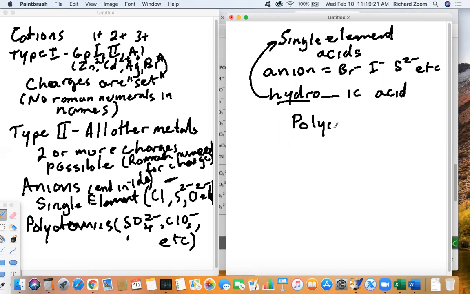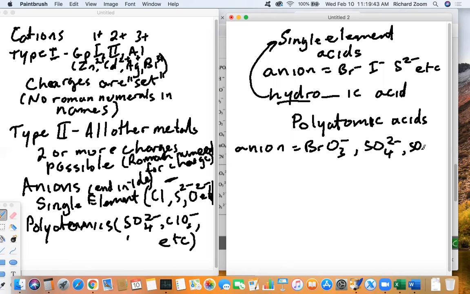And we look at polyatomic acids, where the anion might be BrO3 minus, SO4 2 minus, SO3 2 minus. Let's not use those. Those are a little bit special. I'll use different ones here.